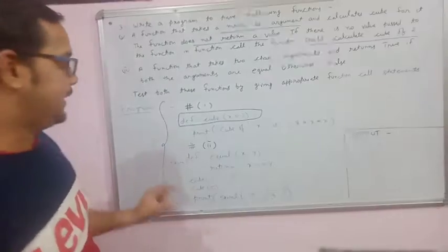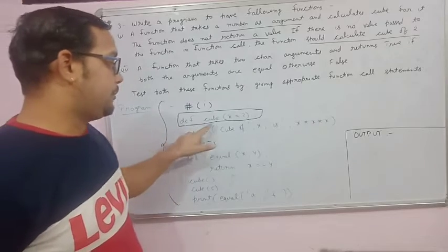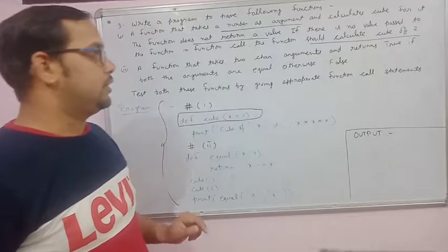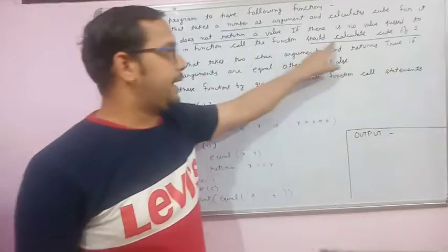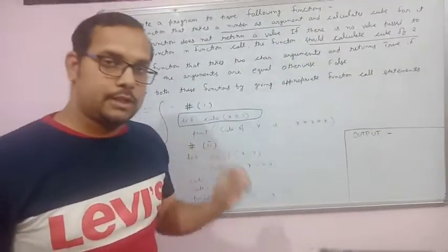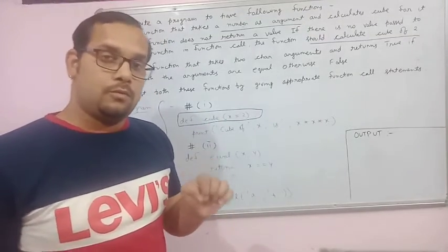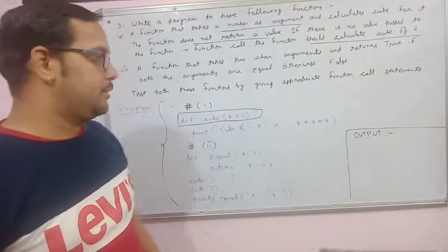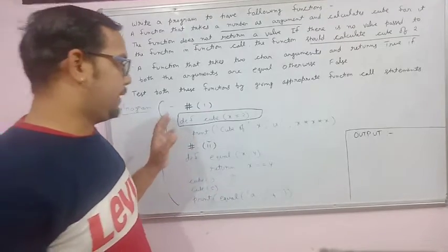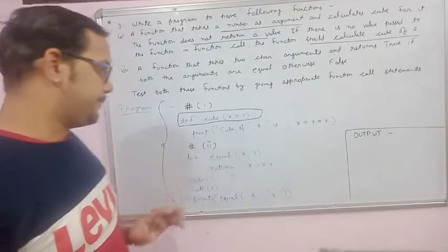Just now I am explaining this function 1, this first part, cube x equals to 2. So the default value of x, default value of number is 2. If the user does not pass any kind of value in the function call, that time the function will take 2 as a number.